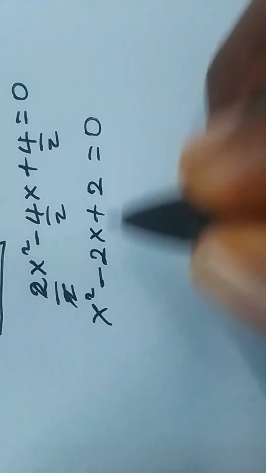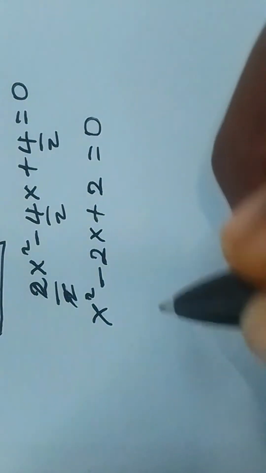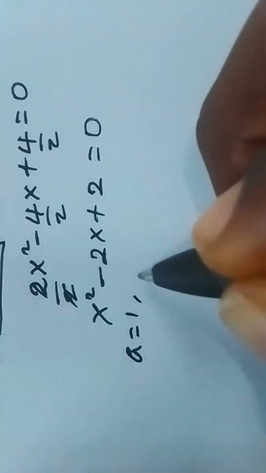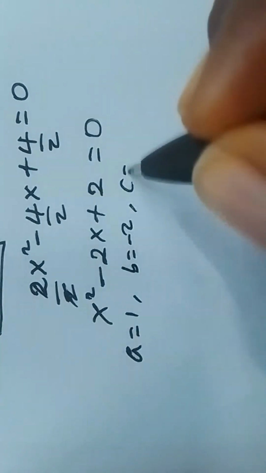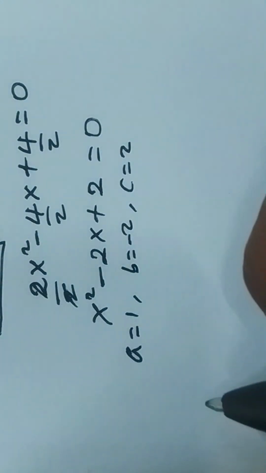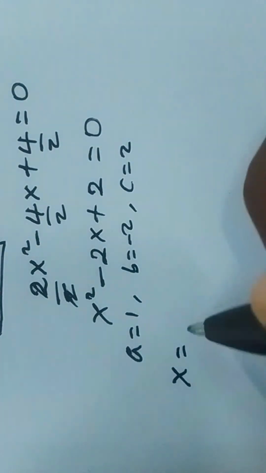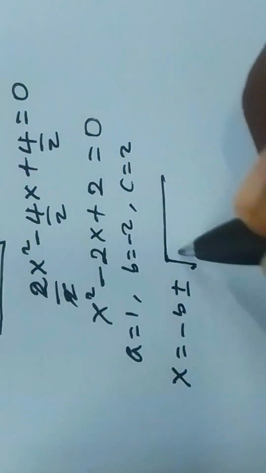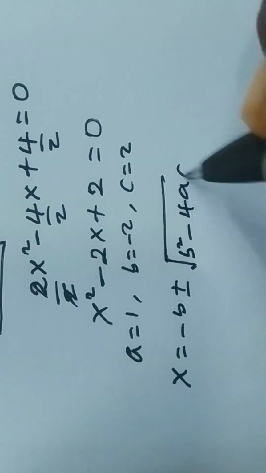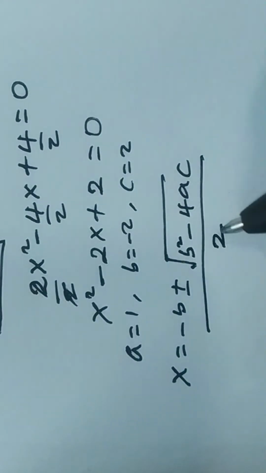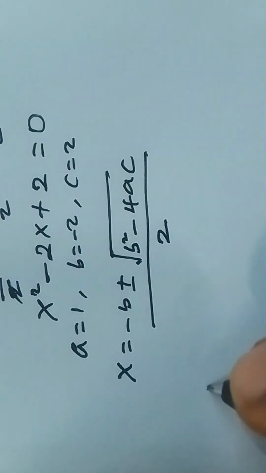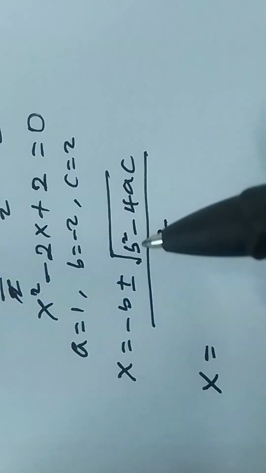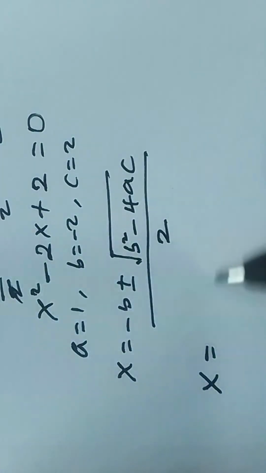So, x^2 - 2x + 2, we can solve this using quadratic formula. Our a is equal to 1, our b is equal to -2, and c is equal to 2. The quadratic formula says x is equal to -b plus or minus square root of b^2 - 4ac, divided by 2. What we just have to do now is to plug in these values into this right hand side.